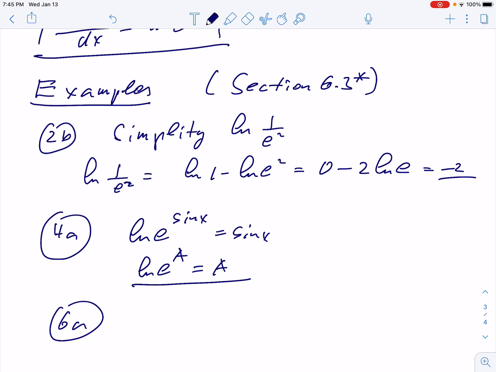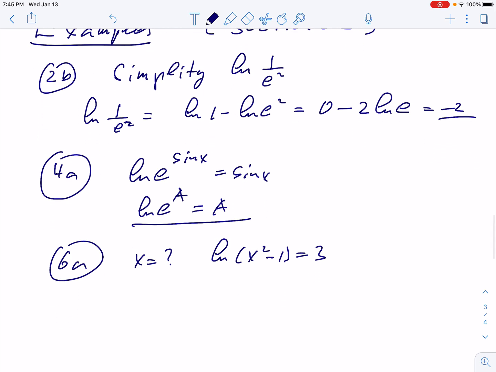6a. Solve for x this logarithmic equation. Natural log x squared minus 1 equals 3. We're solving logarithmic equations by taking exponentials of both sides. Many people have seen this in algebra.